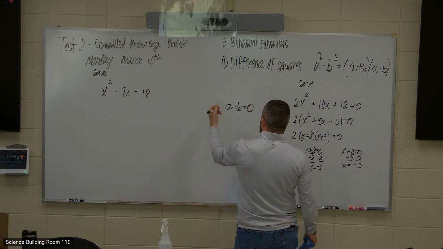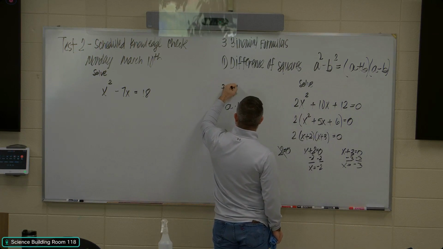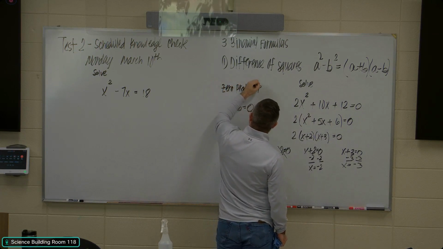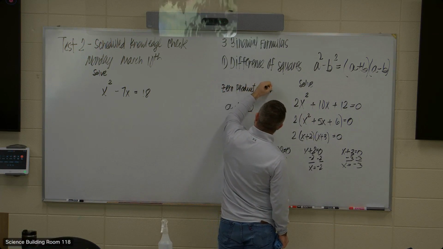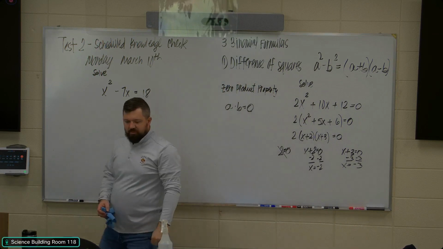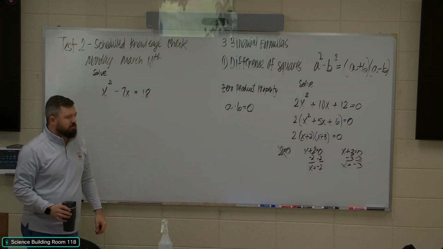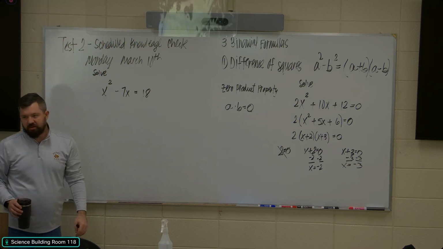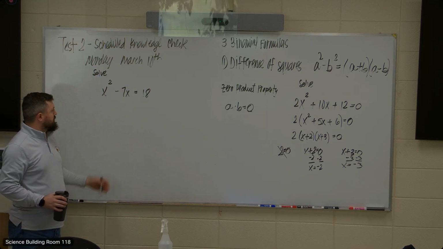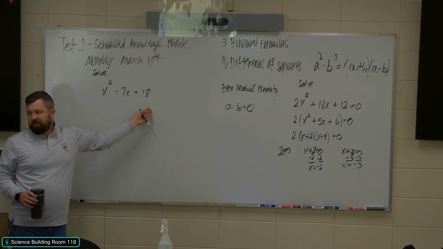It's something like the zero product property. And I guess I'm telling you the name because it's got to be set equal to 0 for it to work. And so right this second, I can't use the zero product property.